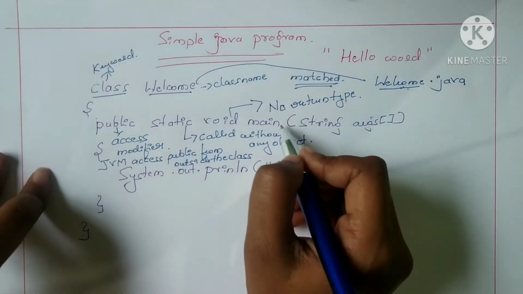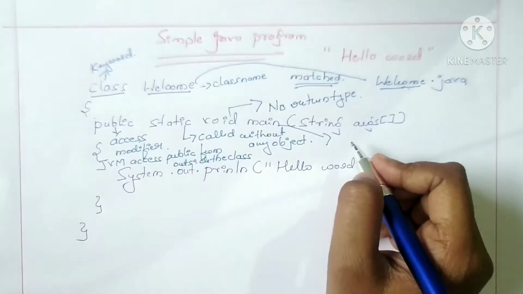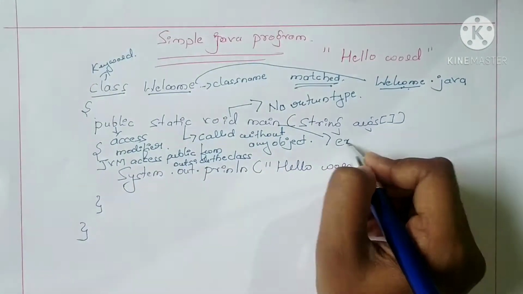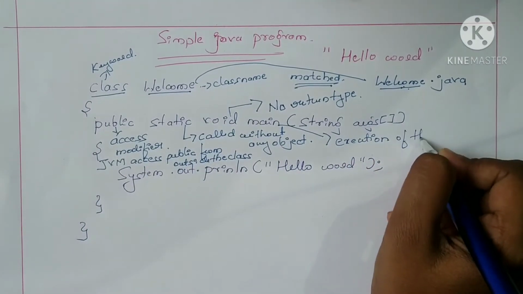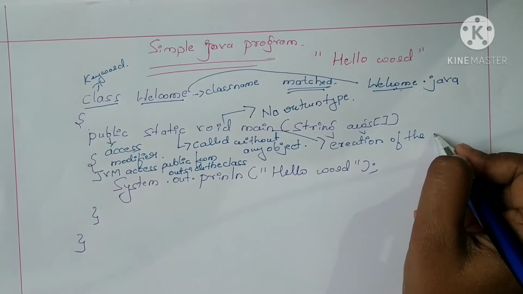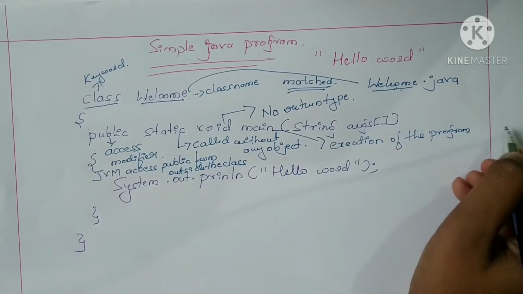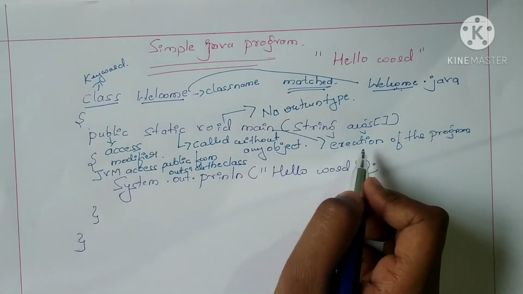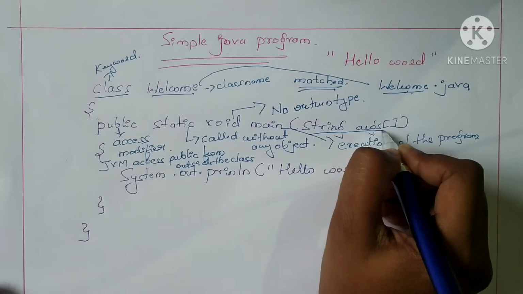Then next is main. Every Java program execution starts from the main method only. The main method starts execution of the program. Then string args.